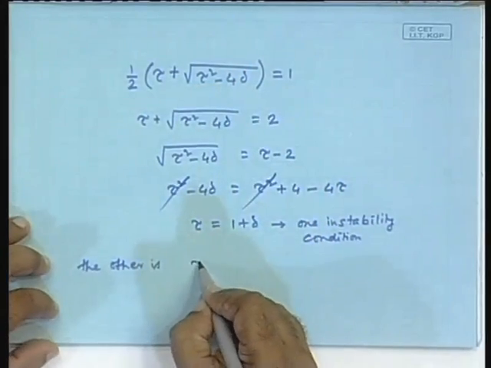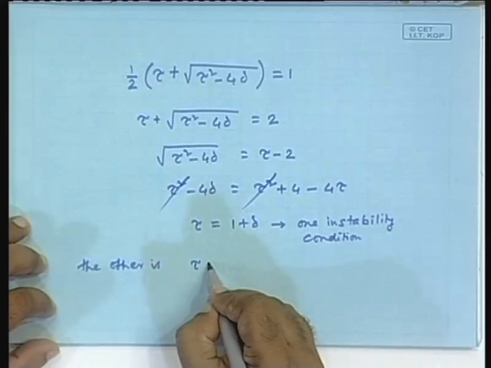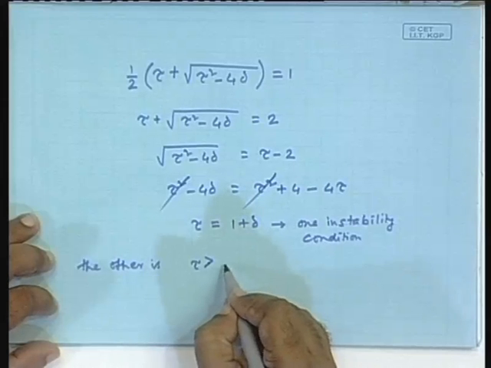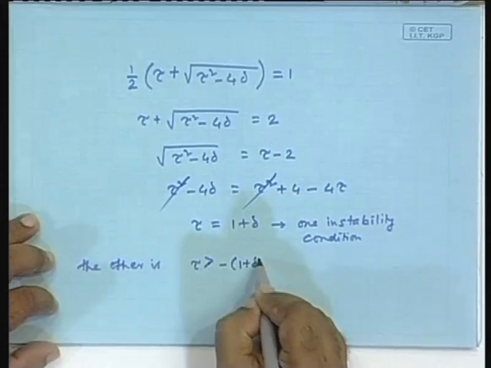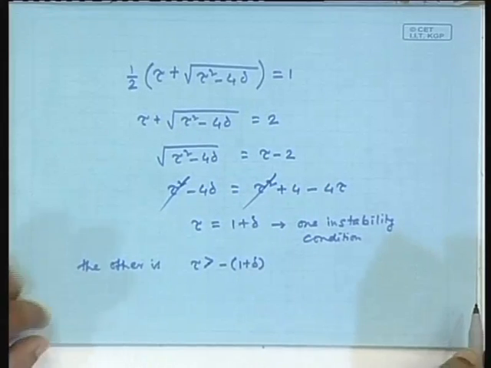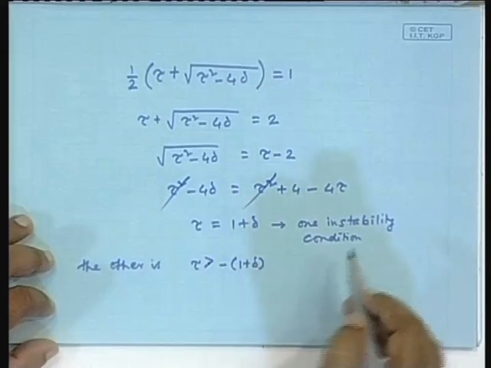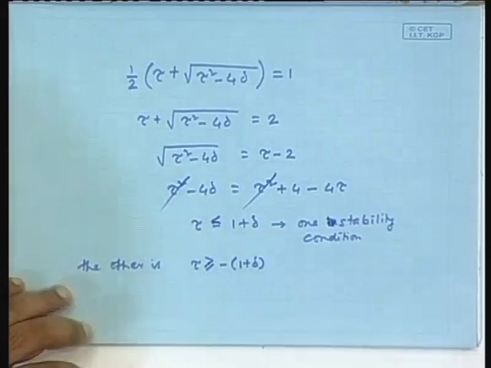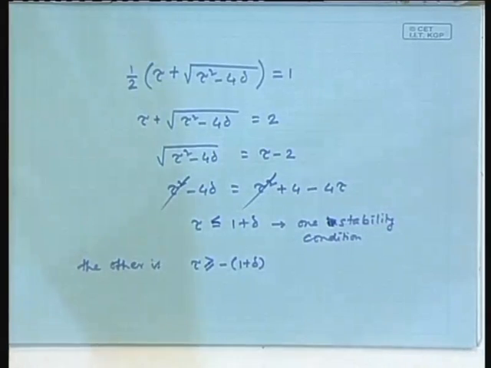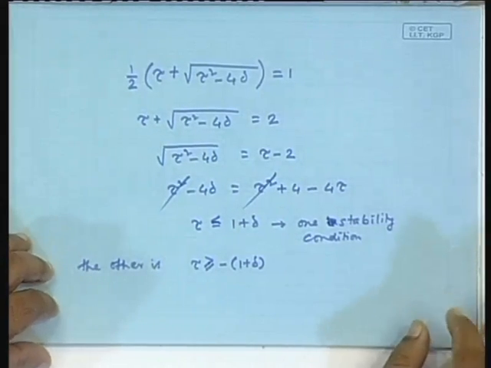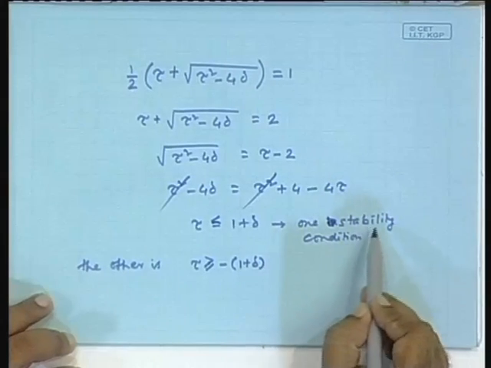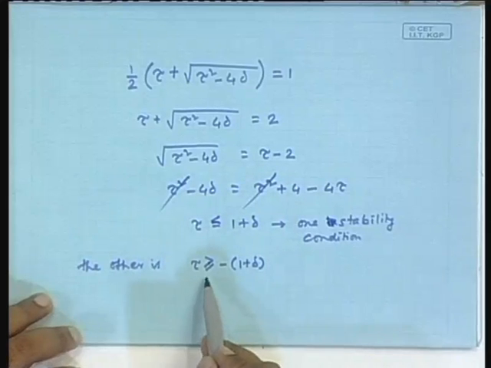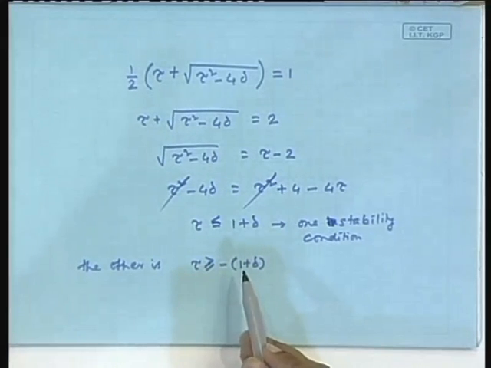So, it will be tau greater than minus, and this is, okay. One stability condition is this, instability condition is this. So, there are two conditions, right. I am talking about stability condition that happens when it is less than 1 plus delta and greater than -1 plus delta, then they are stable.